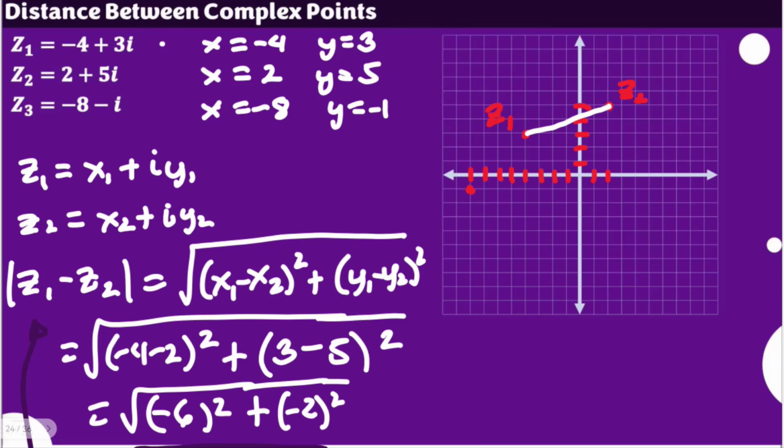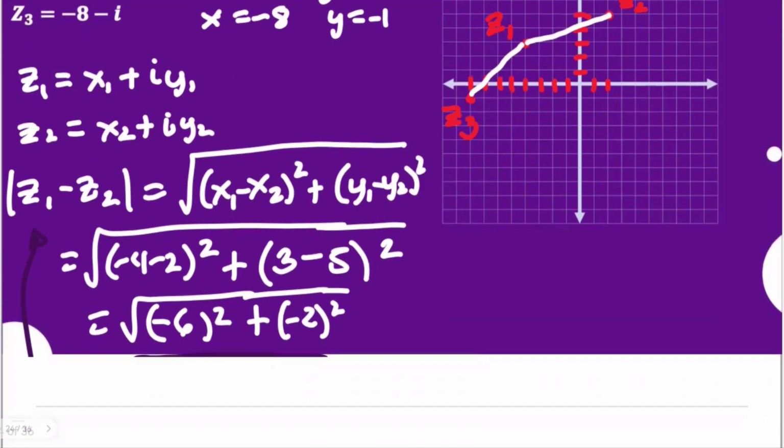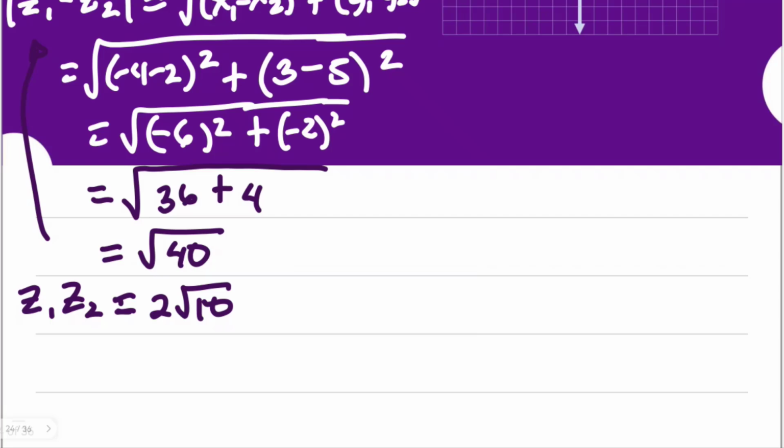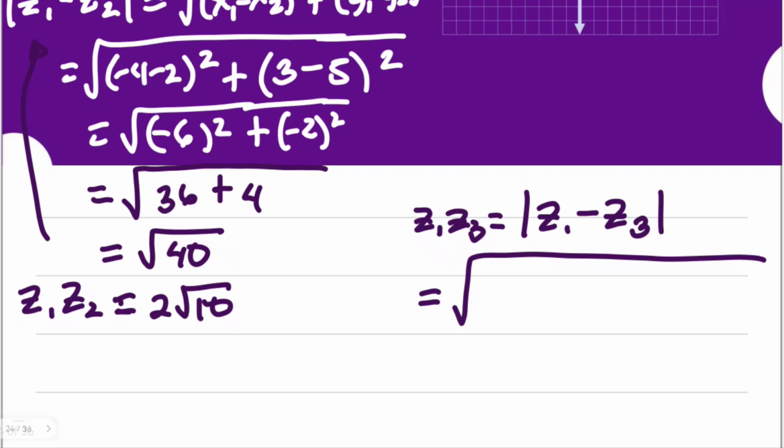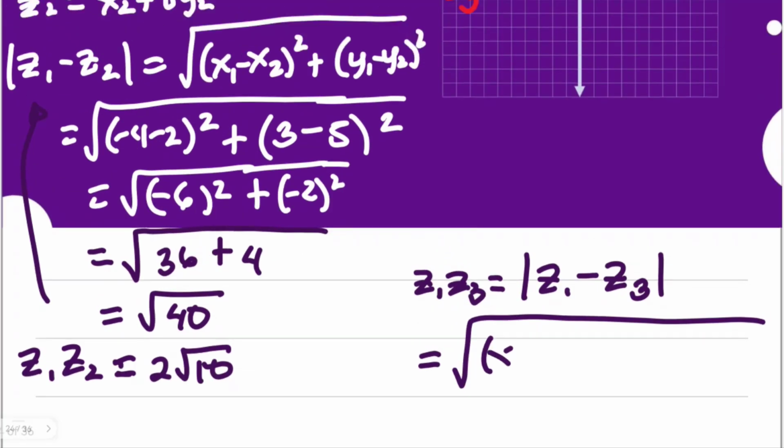If we're going to solve for the distance between z sub 1 and z sub 3, we are talking about the length of the line segment connecting the two points. Again, you can interchange them because they will be under the same square root, as long as you have x sub 1 minus x sub 3 squared, plus y sub 1 minus y sub 3 squared.